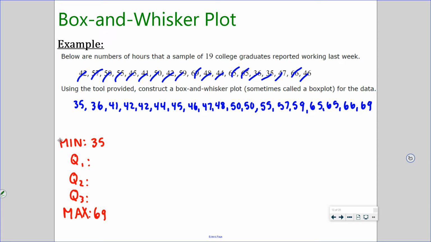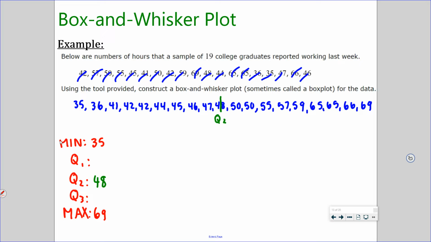Okay. So next I'd probably find the median. Working my way in, there's 19 data values. The one right in the middle here is 48. You guys know how to find median, 48. What was new for us was finding the upper and lower quartiles.